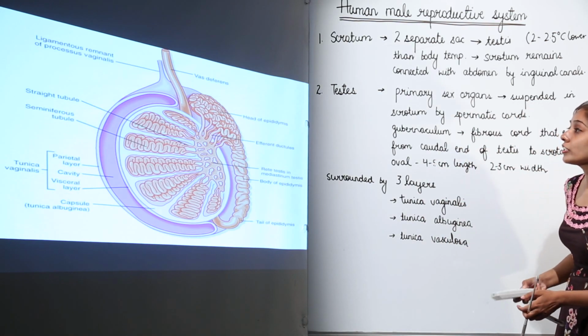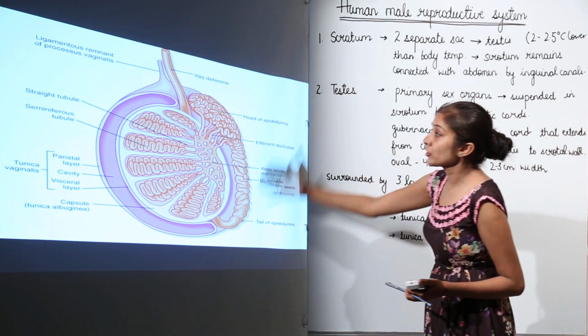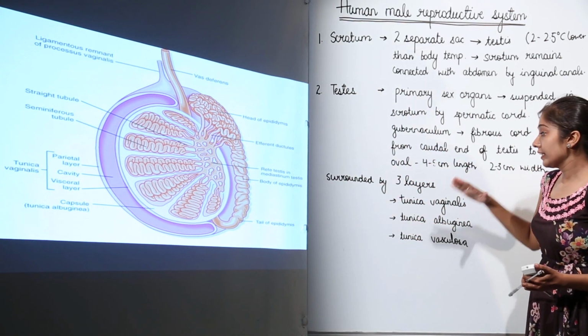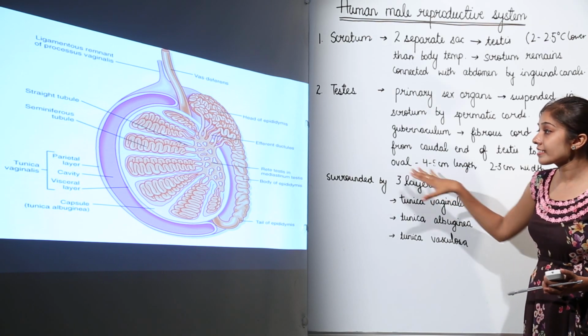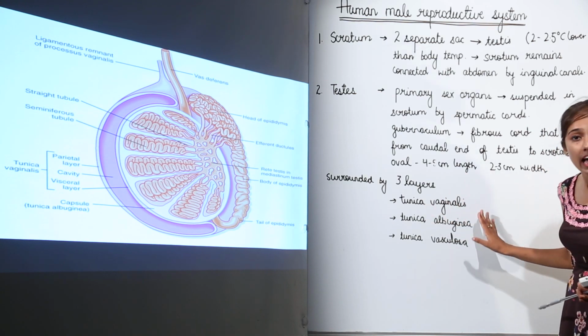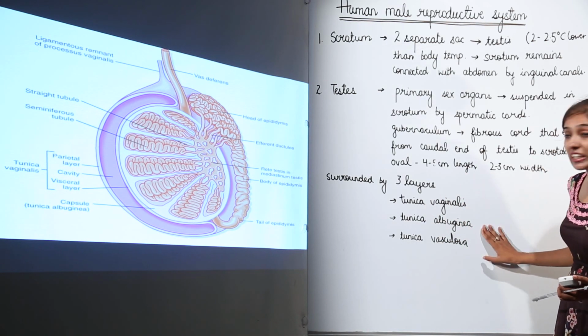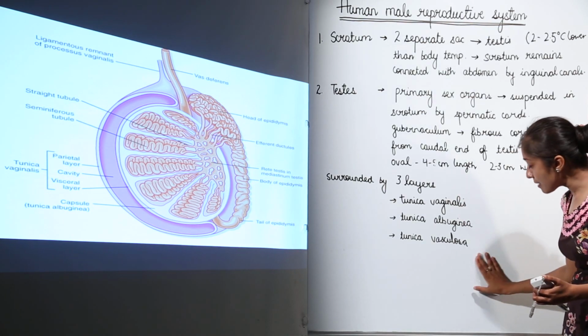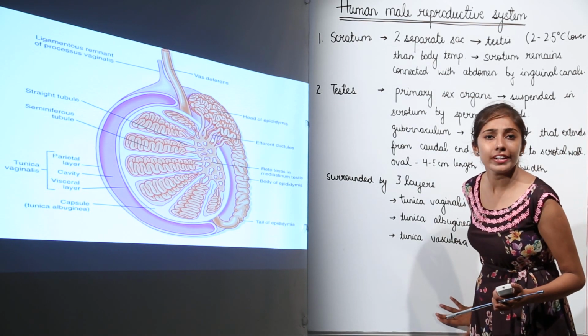Now we move on to this section of testes. Here I'll begin with the three layers that surround the testis. The three layers are namely Tunica vaginalis, Tunica albuginea and Tunica vasculosa. The names may sound hard to learn, but they are very simple.